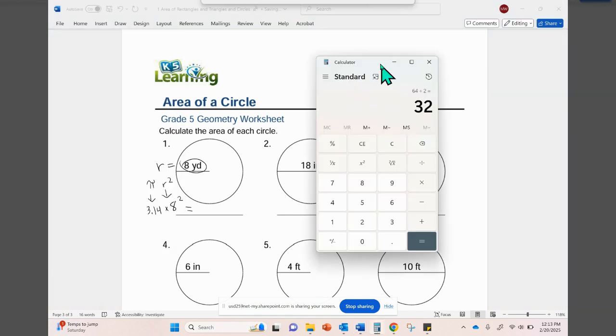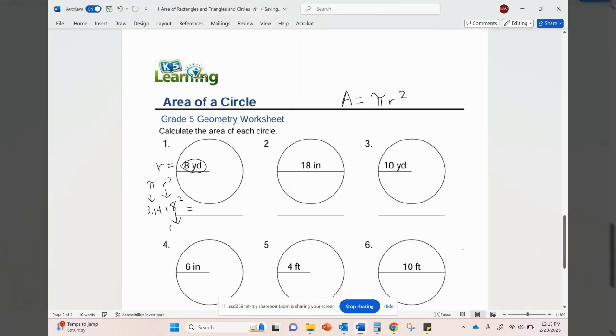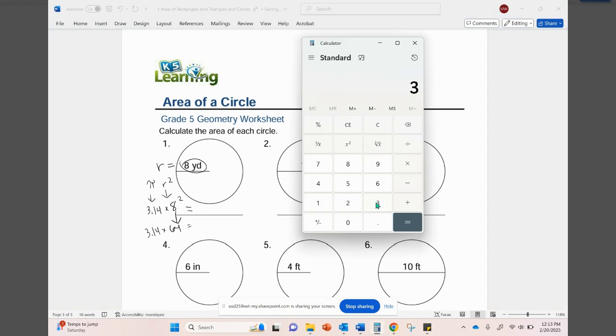So 8 times 8 equals 64. So this 8 squared becomes 64, and then we do 3.14 times 64, which equals 200.96.